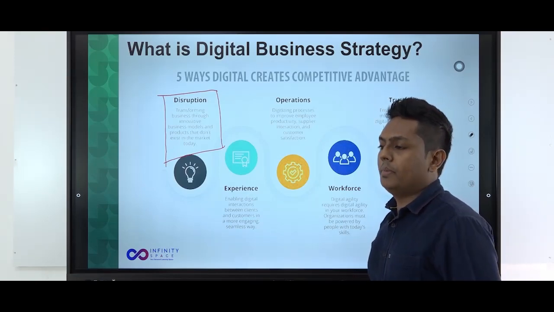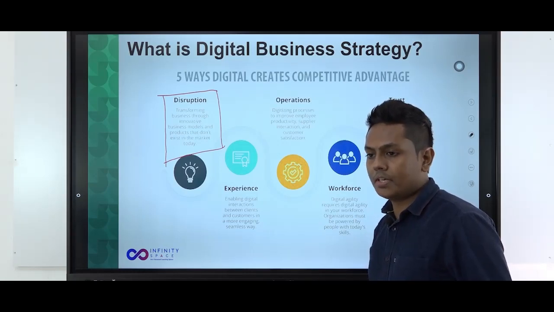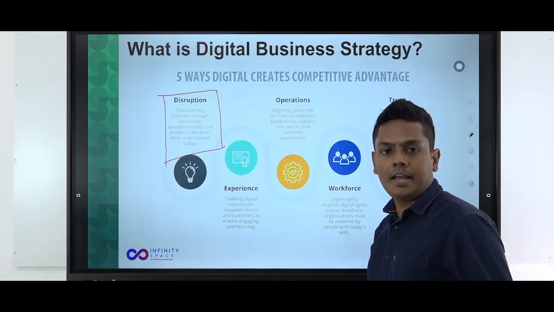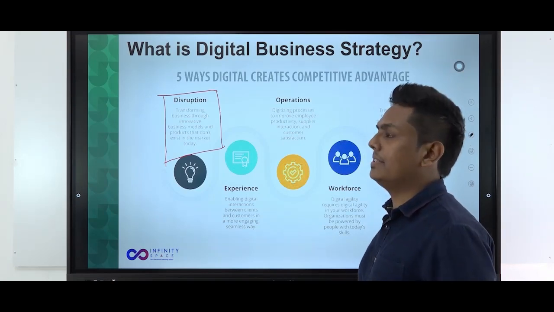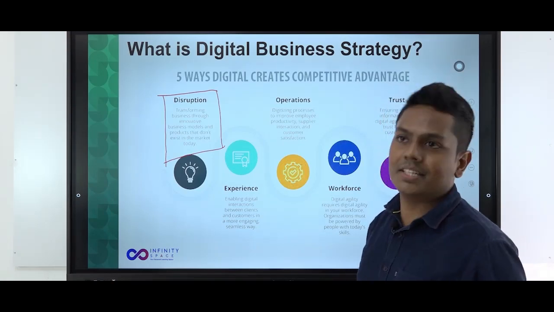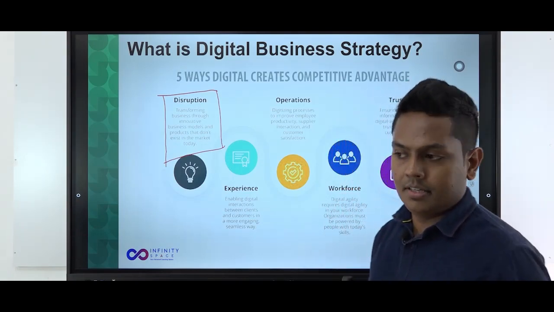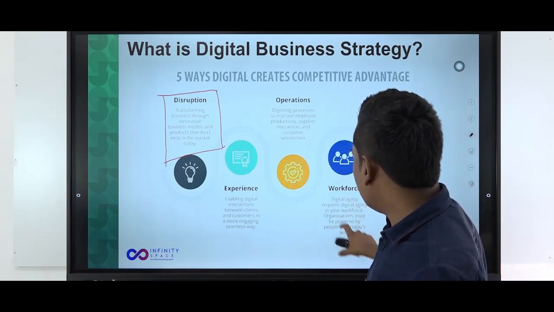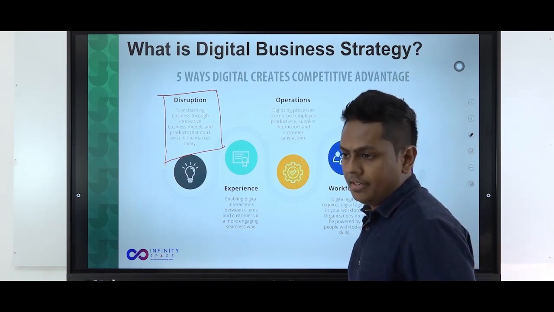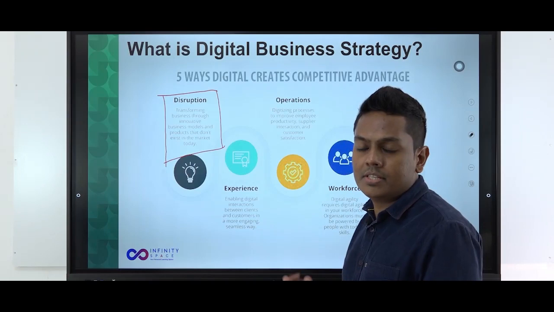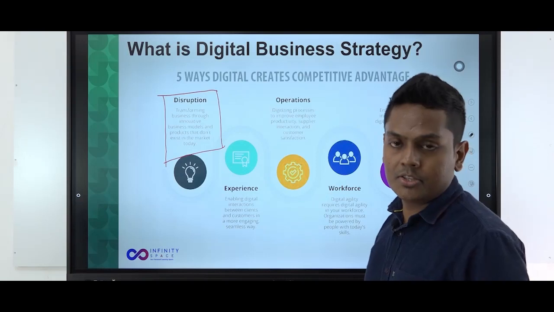If your team members, or your organization's operations department, do not have tech-savvy people, no need to be tech savvy, but let's say they cannot operate a computer, though there are very few such people nowadays. That is where you have to improve the skills, where the workforce needs to be digitally aware. I mean, get them used to these digital things, and therefore the productivity will be improved within the organization.